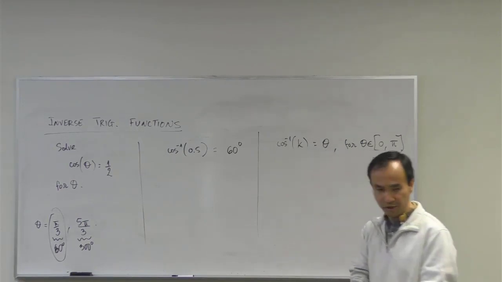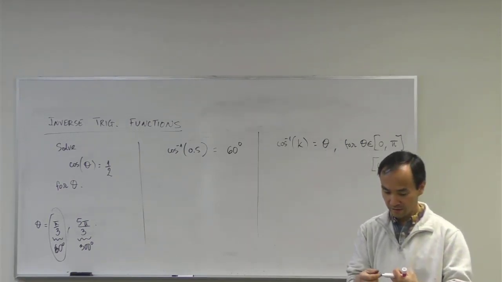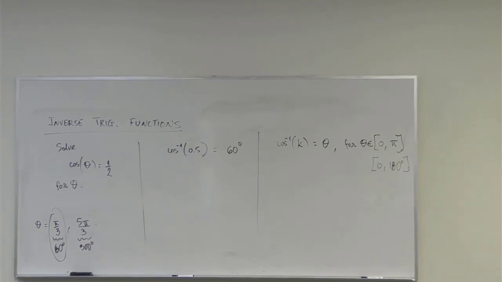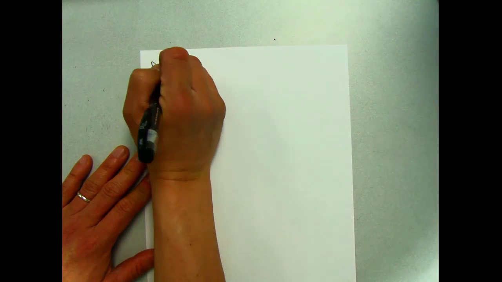Alright, so now at this point, you guys are ready for me to give out that definition. So let's come to a formal definition of what it means to be a sine inverse or cosine inverse. These are a few definitions we want to come up with.